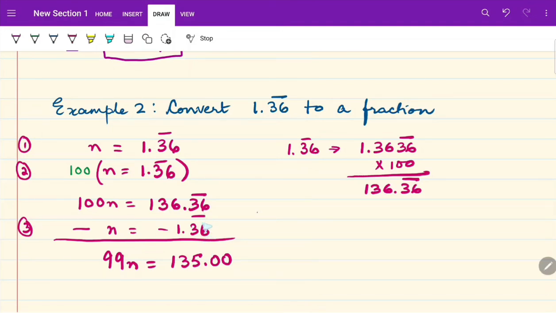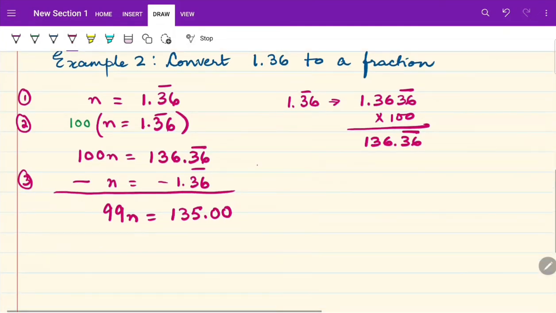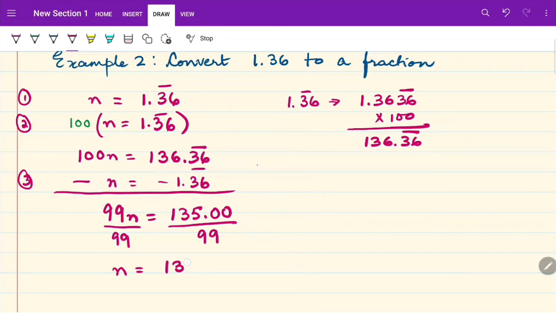So we shed the decimal part of the number, and now we just solve for n here by dividing both sides by 99, and we will have n equals 135 divided by 99. Now 135 and 99 have a greatest common factor of 9.